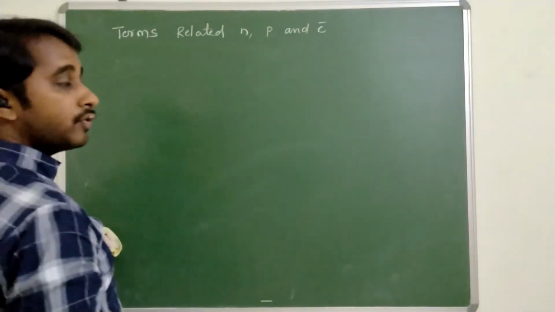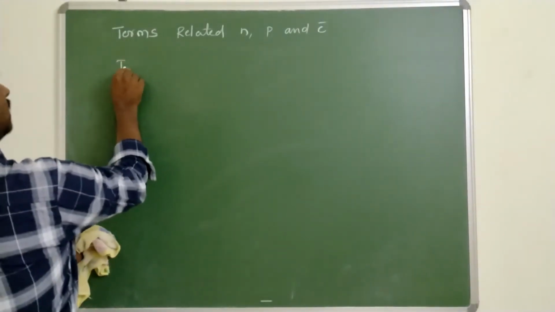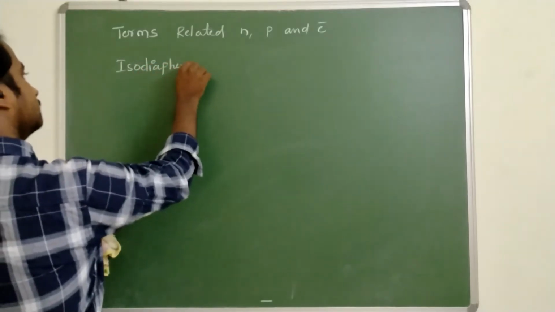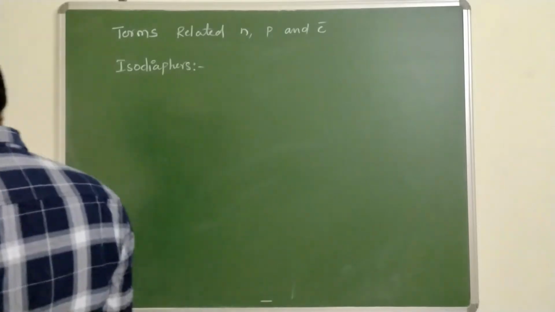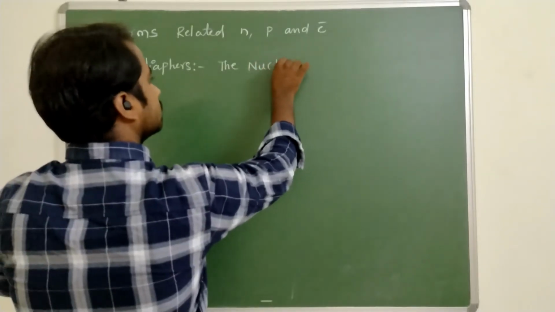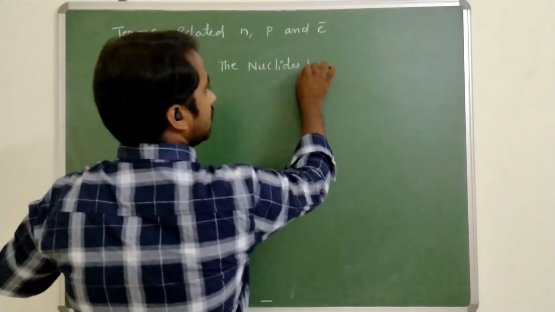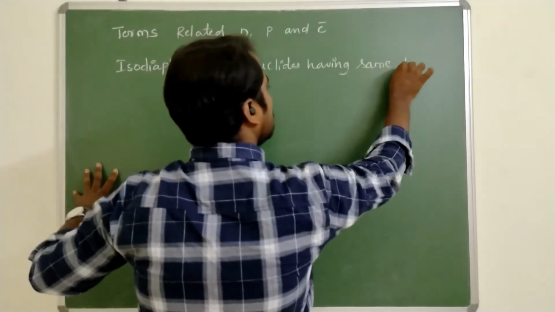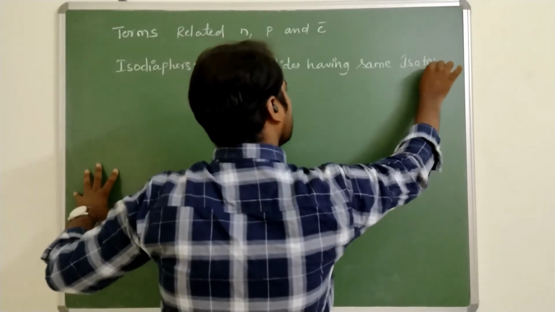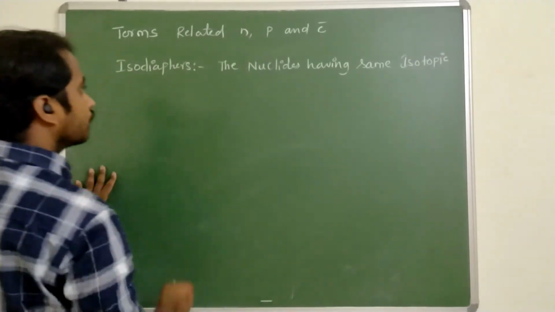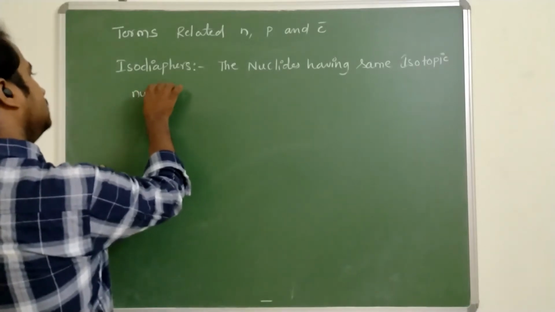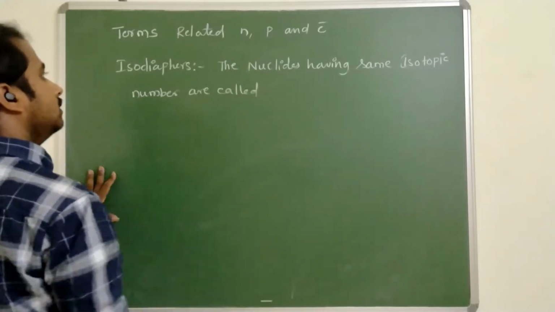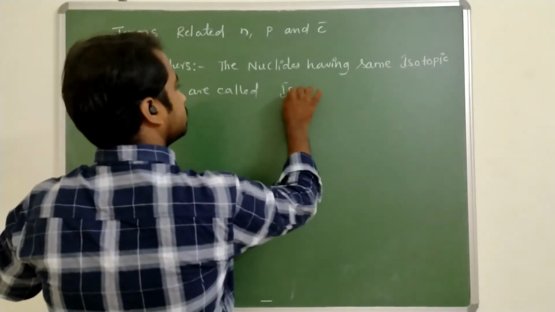The next important one is isodiaphers. Nuclides having the same isotopic number are called isodiaphers.